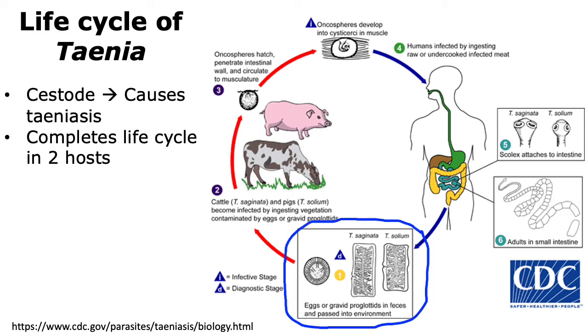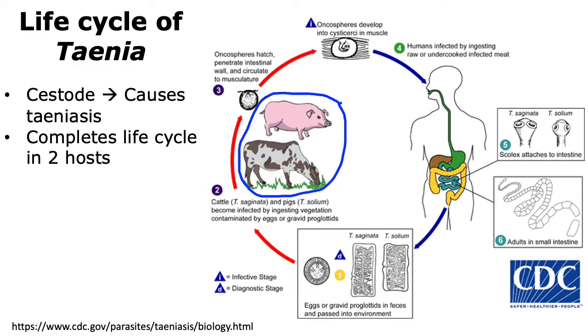The gravid proglottids can have up to 10,000 eggs, and a Taenia worm can have anywhere from 1,000 to 2,000 proglottids. Once the proglottids are shed and the fertilized eggs are dispersed, these eggs can then be ingested by herbivores like cattle or pigs.